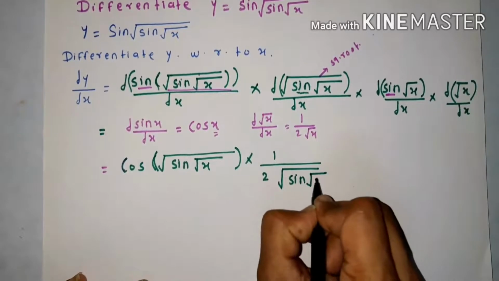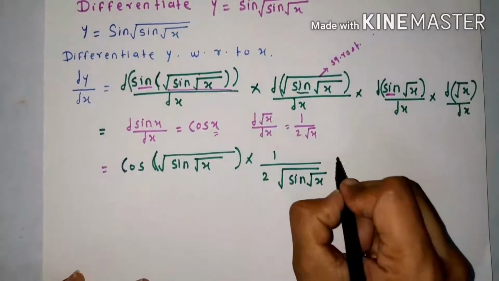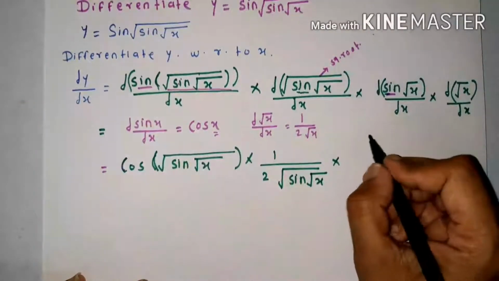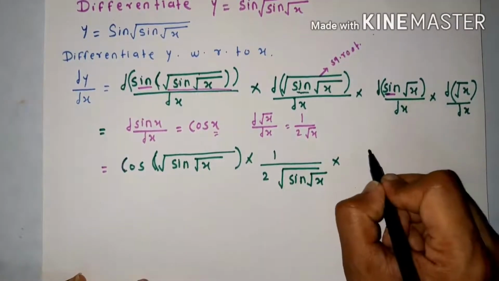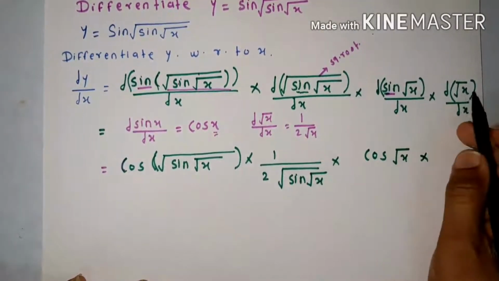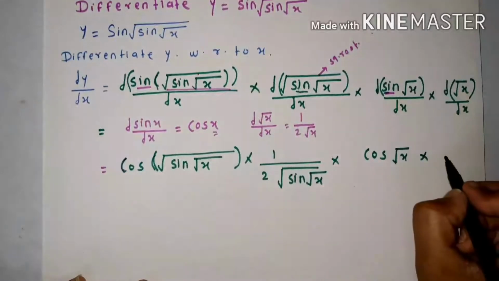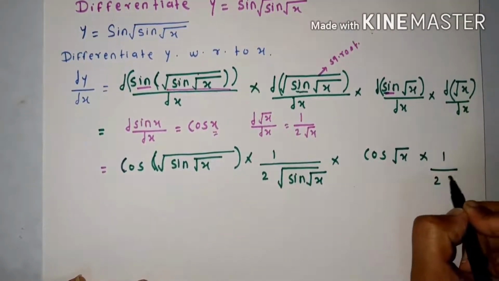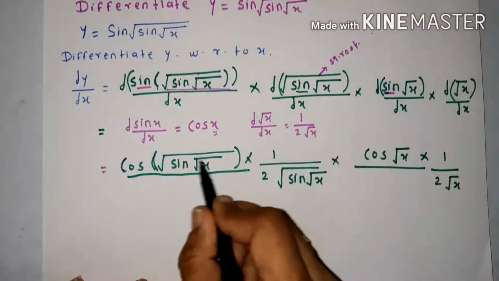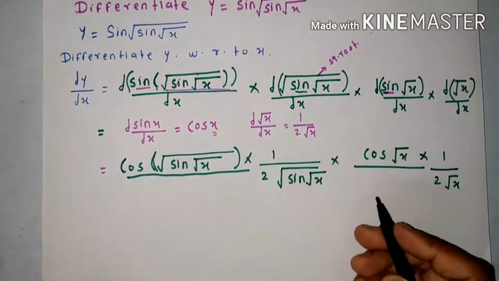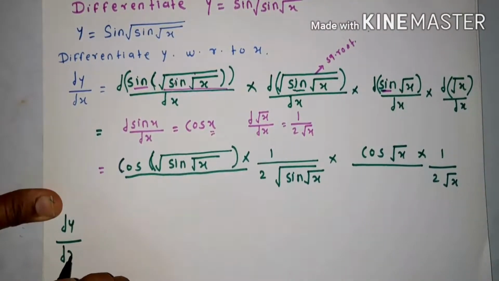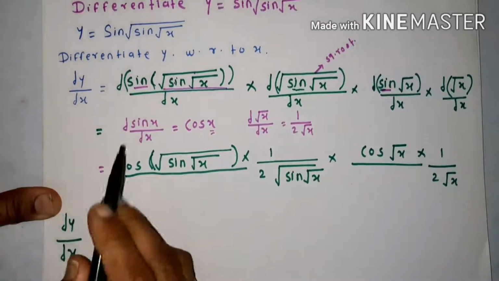Now differentiation of sine of root x, by using differentiation of sine x is cos x, is very simple: cos of root x into differentiation of root x directly by using the formula, this is 1 upon 2 root x. These are the terms at numerator and these are the terms at denominator. So collect the terms and we get dy by dx, that is differentiation of the given function.